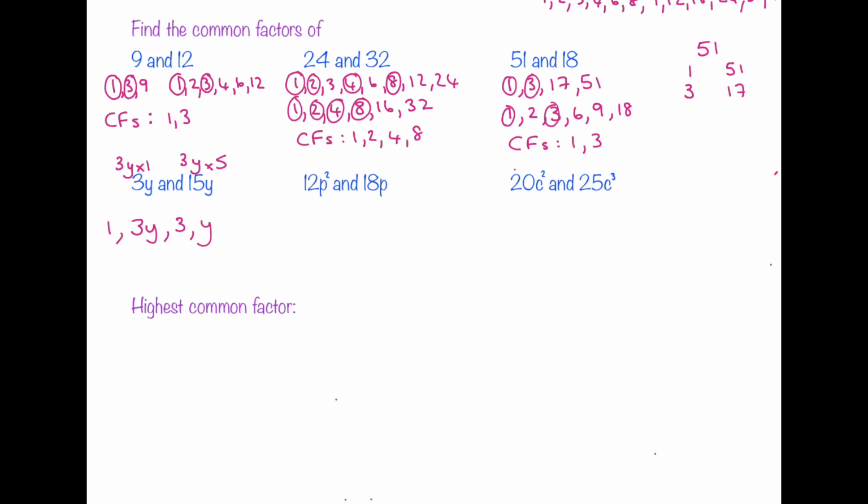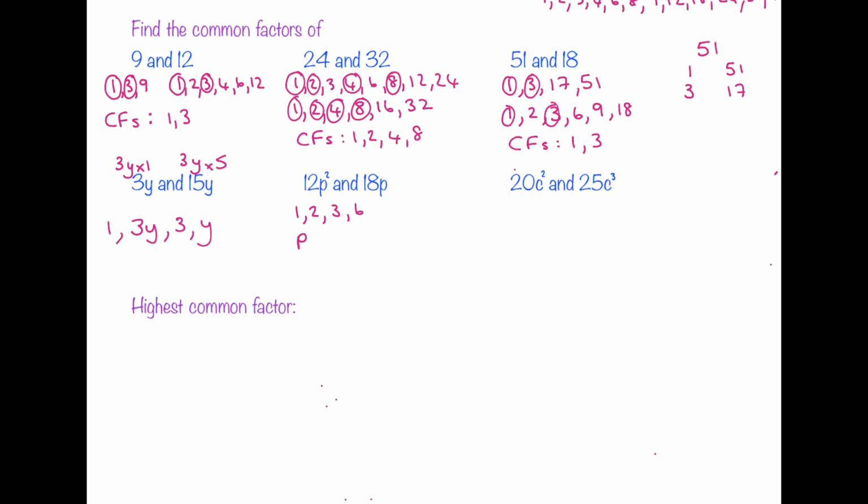Okay, moving on to the next one. Looking at the numbers, I think we will write these out as a list. So the common factors we've got in common there are 1, 2, 3, and not 4 and 5, but we've got 6, and then there's nothing bigger than 6 that goes into 12 and 18. And if we think about what multiplies to make p and p squared, we can see that p would go into p squared and p would go into p.